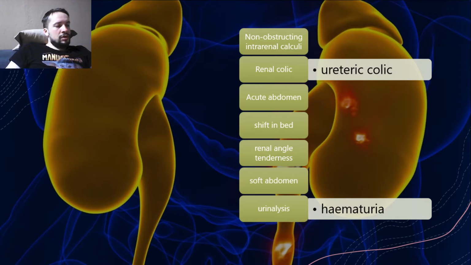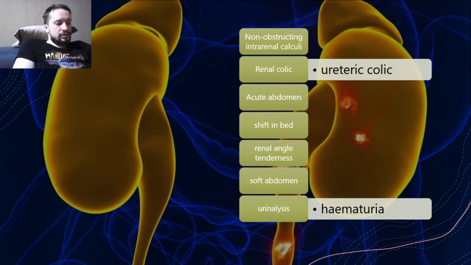An acute abdomen must be excluded. Those with renal colic characteristically shift in bed constantly, struggling to get comfortable, in stark contrast to the patient with peritonitis who will be lying very still.